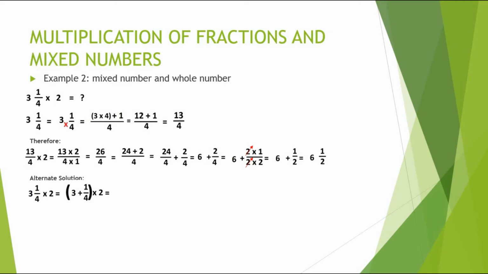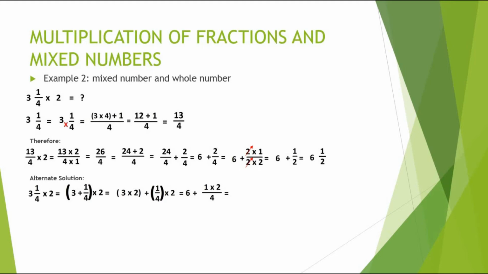So, 3 plus 1/4, open and close parenthesis, times 2. So, 3 times 2, and then the plus sign, 1/4 times 2. Okay? So, 3 times 2 is actually equal to 6. And then we retain the plus sign, 1 times 2 all over 4.